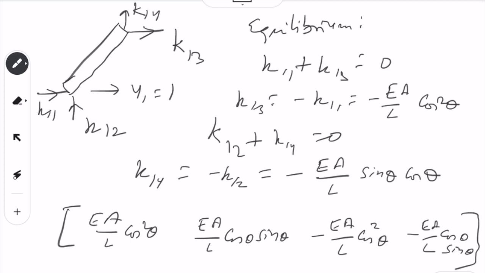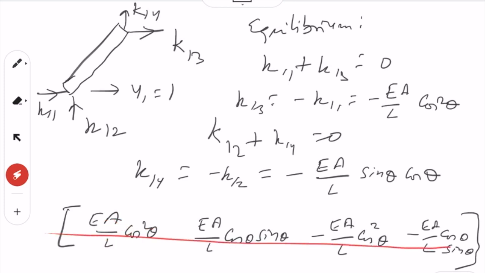So far this is what we got, and this is the first row of the K matrix, the stiffness matrix, and this is 4 by 4, we got the first row. Similarly we can get the other rows as well.